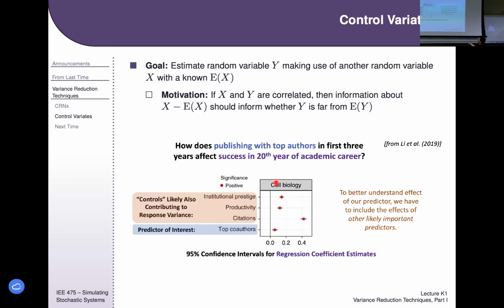This is for this particular field, cell biology. This line at 0 is their reference line, and all of these things that look like frog eyes are confidence intervals. The dot is the center of the confidence interval, and the little lines on either side are the edges. This is saying, is there a significant effect of each of these things?